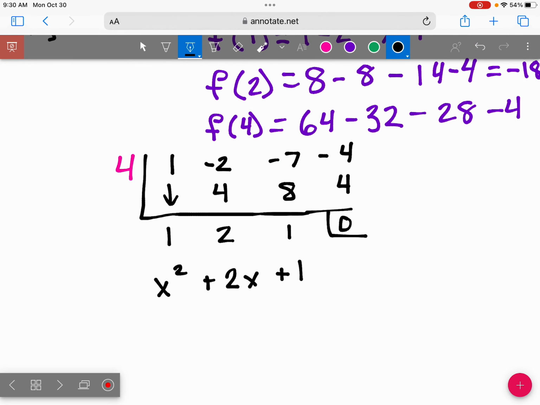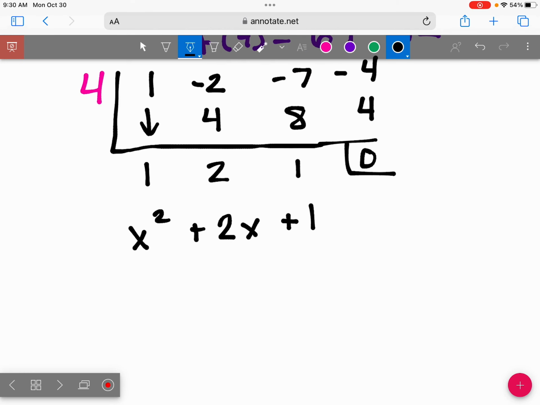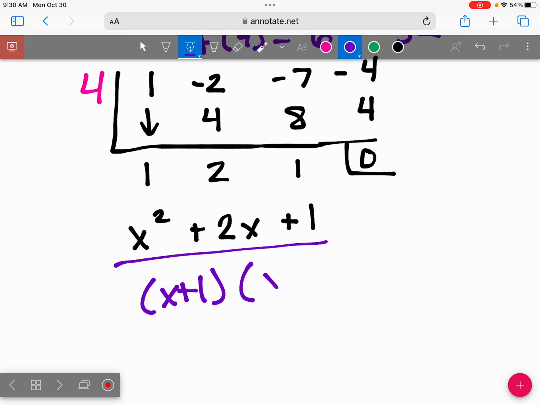What can I do with an x squared that I couldn't do with a cube is factor. So we're going to factor this guy. What are we going to get when we factor this? X plus 1, x plus 1.